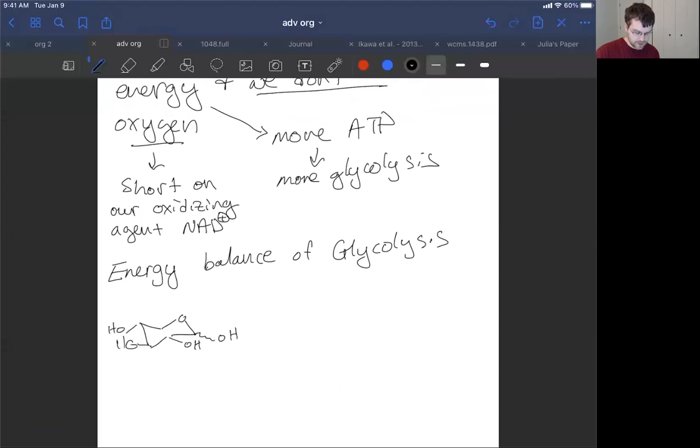Okay, so we got glucose here. It's a lazy glucose, but it does the job. We're going to react that through glycolysis to form 2 times pyruvate, 4 times ATP, and then there's some water too, some H2O.